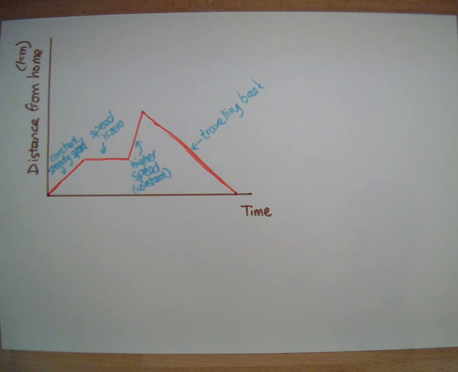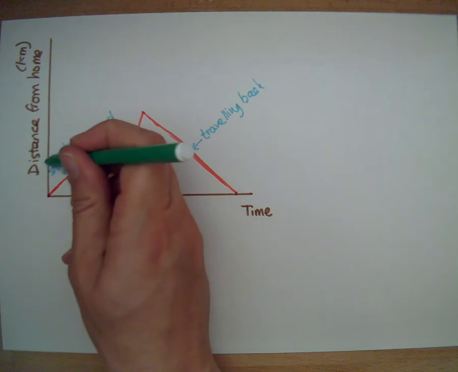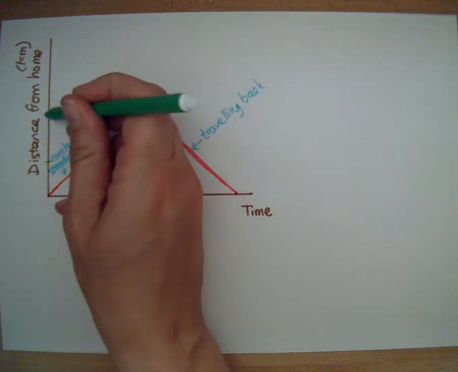Cool. Let's see if we can answer some questions with the graph that I've just shown. What if I asked you how far I traveled in total away from my house? I'd first have to know what the units are on this scale, right?